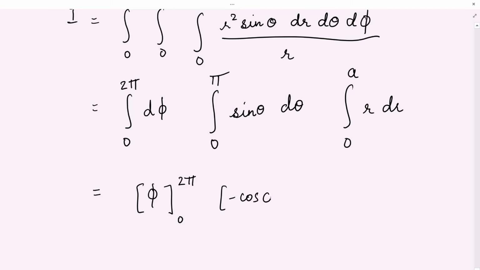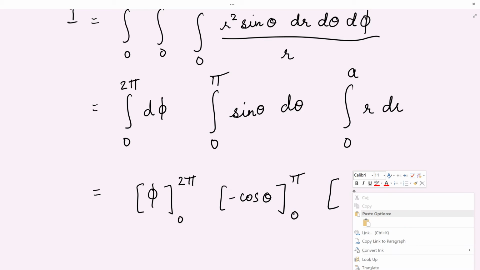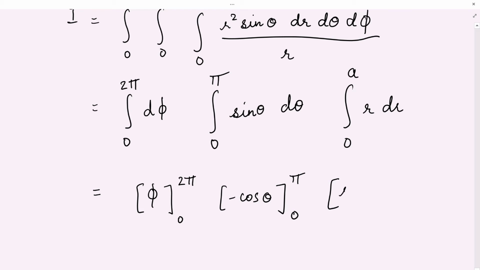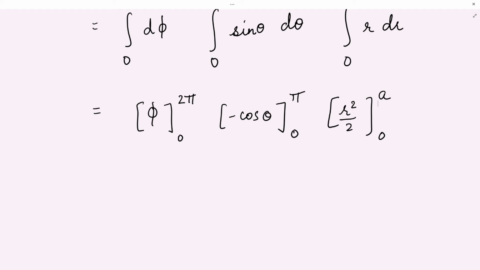So that will be r square by 2. The limits are B to A. So let's substitute the limits.